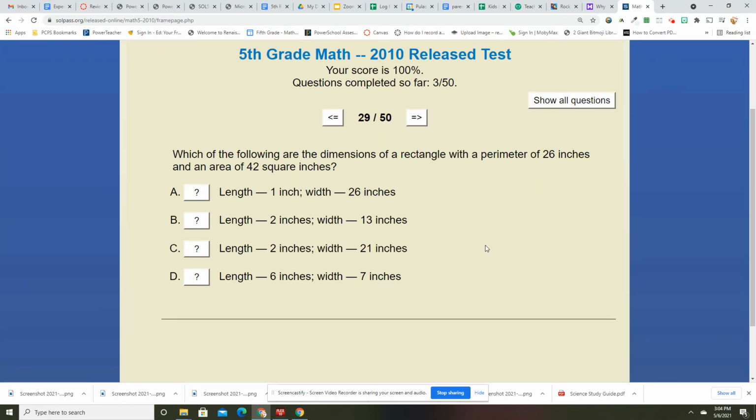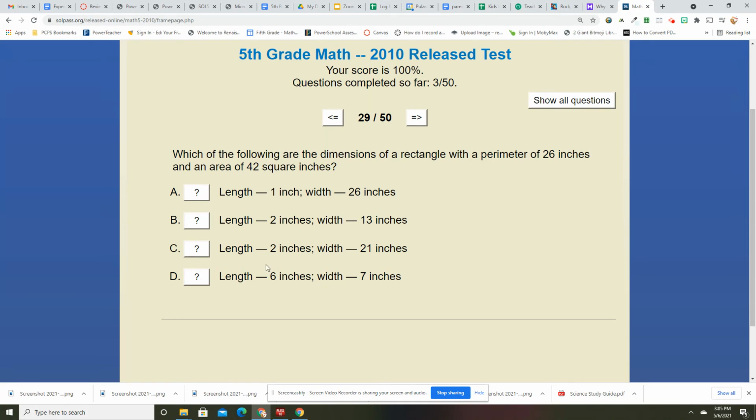The following dimensions of a rectangle with a perimeter of 26 inches and the area is 42. So you can stop and figure this out. But instantly, I'm trying to think of what would be 42. What are the factors of 42? And in my brain, I think 6 and 7.